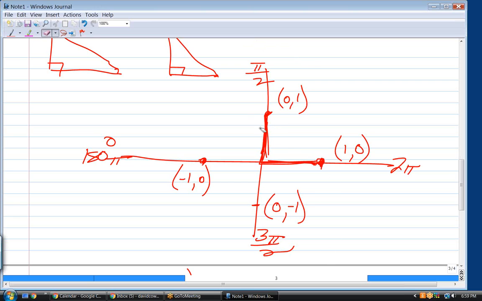That only tells you them for sine and cosine. If I said, what is the tangent of 90 degrees? Well, you kind of have to know that the tangent is sine over cosine. So let's talk about that. What is the tangent of 90 degrees?